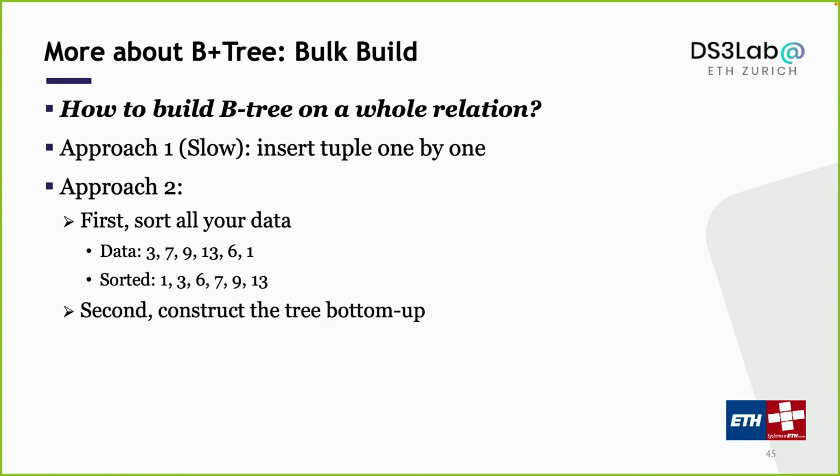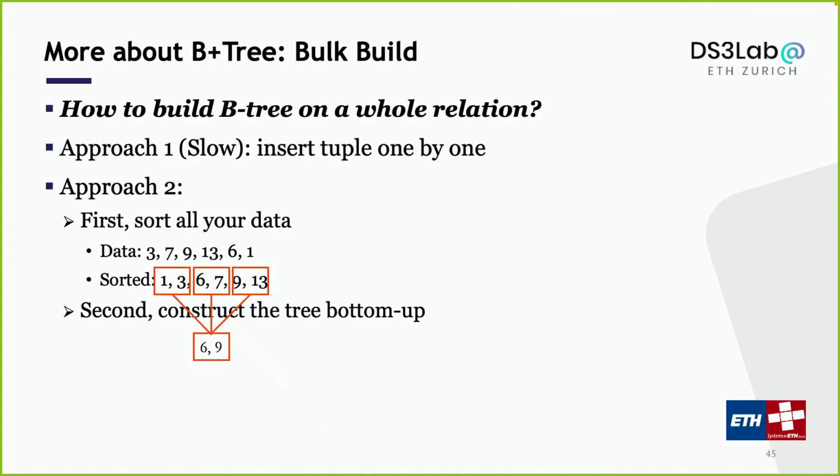Assuming every leaf node can hold two tuples in this example, the first two will be the first page, the third and the fourth will be the second page. Then I have these three pages in the leaf level, and I build from the bottom up, inserting a parent to connect them. So often, this is faster.